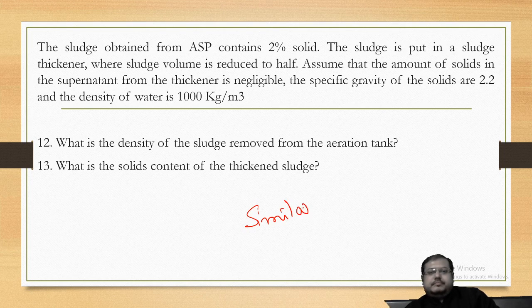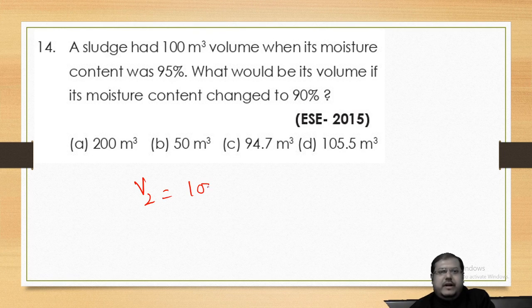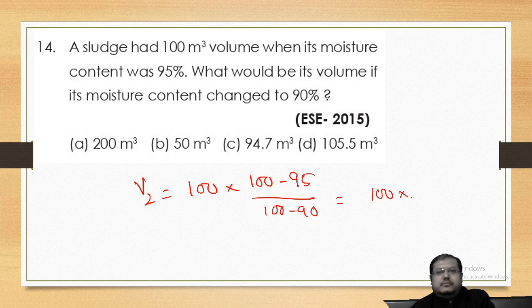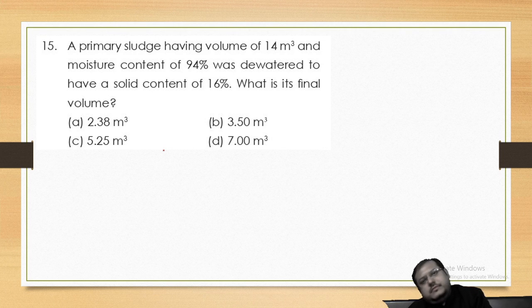Similar problem as the previous one. Correct? So it's again the same problem. See, yes, 2015 questions. Quickly you can solve. V2 is equal to 100 into (100 minus P1) by (100 minus P2).